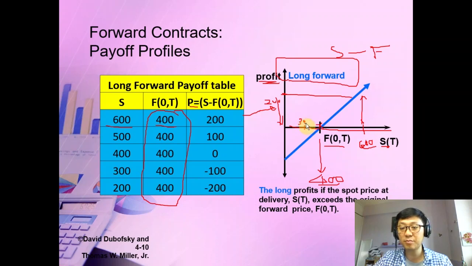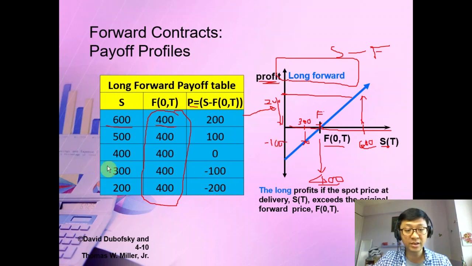Remember, this is S, the spot price, and this is F, the forward price. Now S is 300, so 300 minus 400, you get minus 100.